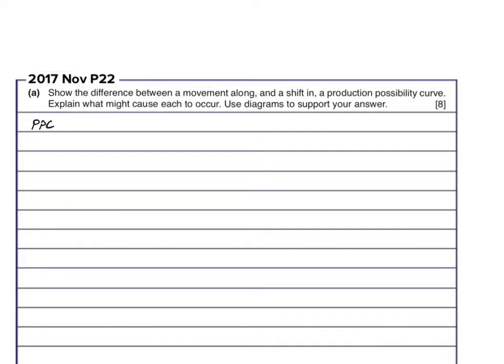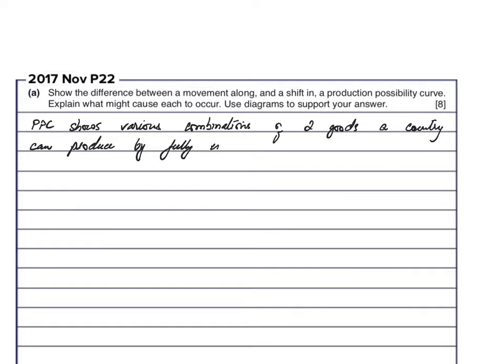So we'll say production possibility curve shows various combinations of two goods a country can produce by fully employing its given resources.